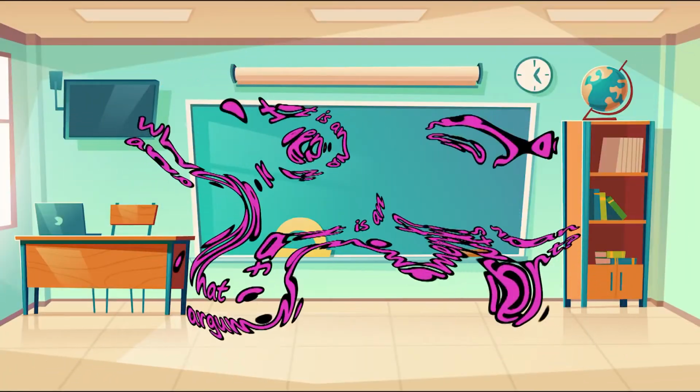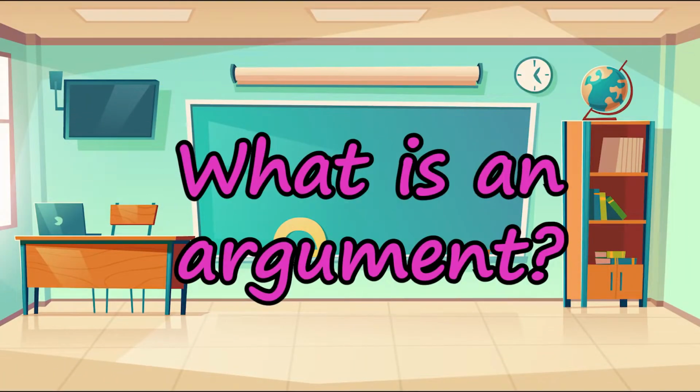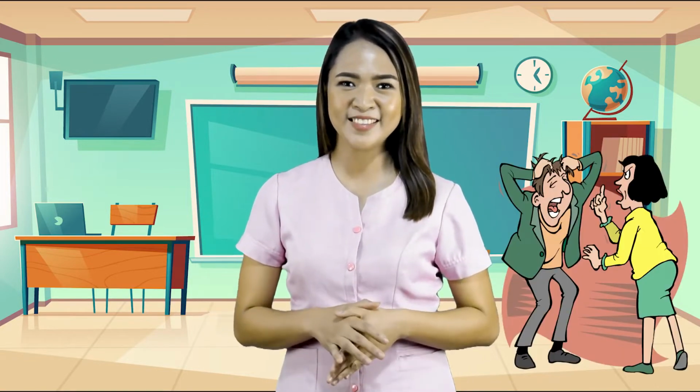What is an argument? The kind of argument we are talking about here is not what we often use in everyday language, which refers to a fight or conflict between people.